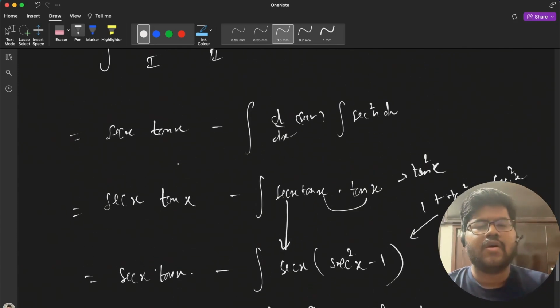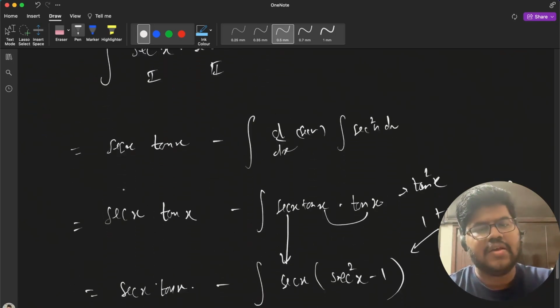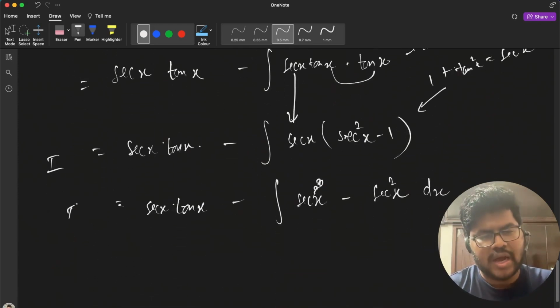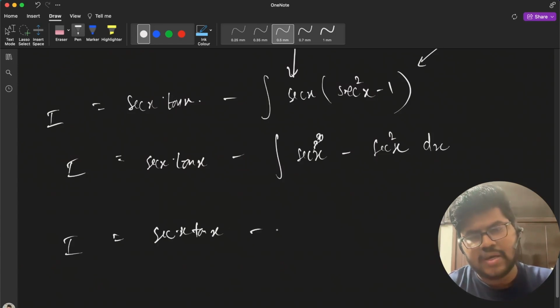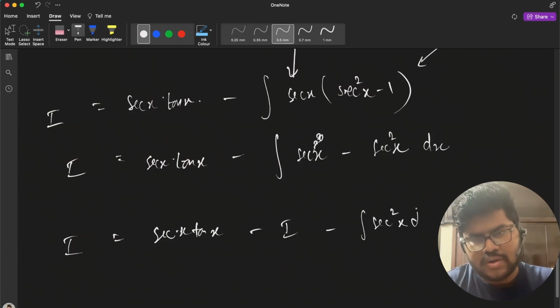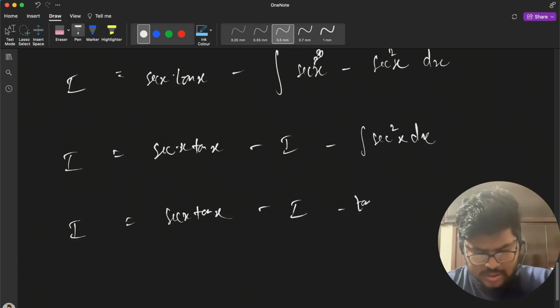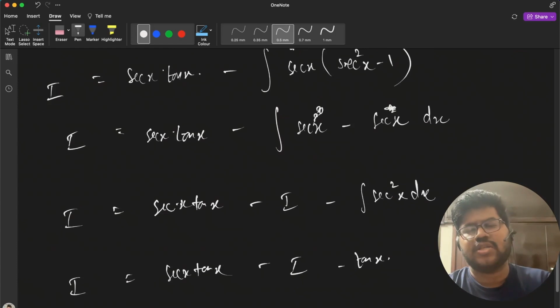Now clearly observe that we started with the integration of sec cube x, which is referred to as I, so sec cube x is I, and here it is also I. So this becomes I equals sec x tan x minus I plus integration of sec x. Oh sorry, this is only sec x, not sec square x.